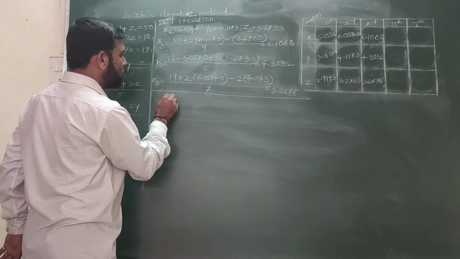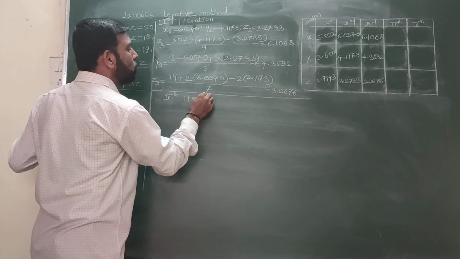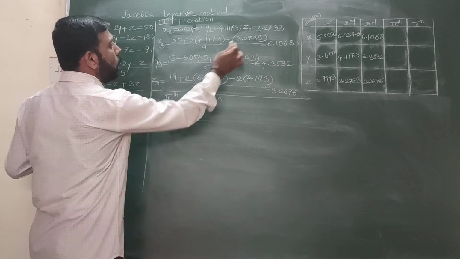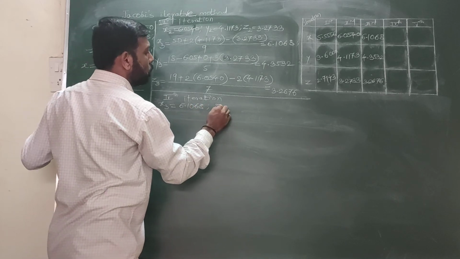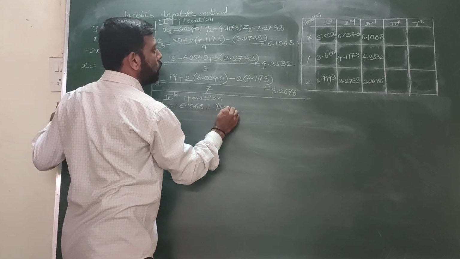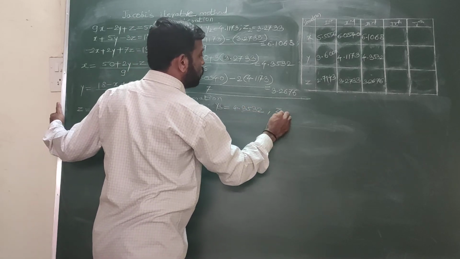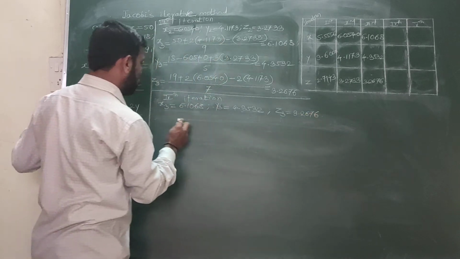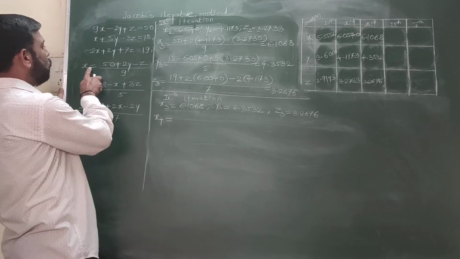Again in that fourth iteration we have to use the previous values x3, y3, z3 to get x4, the fourth approximation.